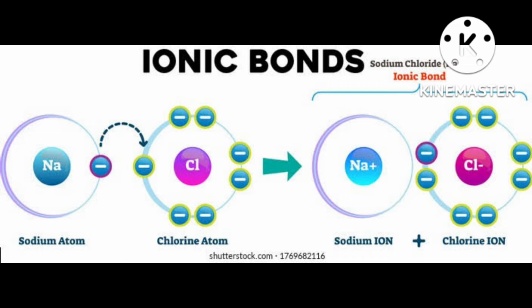Electron gain enthalpy and electron affinity have minor differences; know about the electron affinity. This is the difference: electron gain enthalpy, delta H, may be positive or negative, but electron affinity is the negative of the energy change accompanying electron gain.